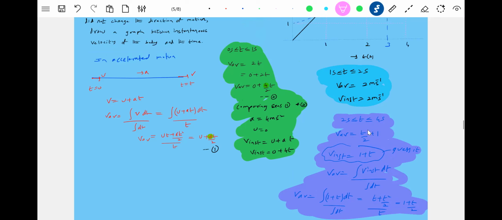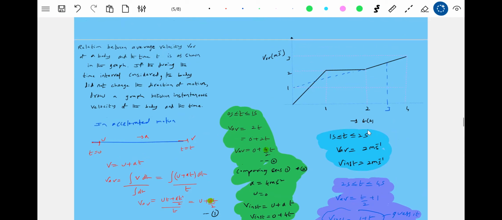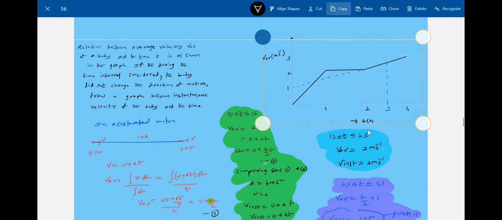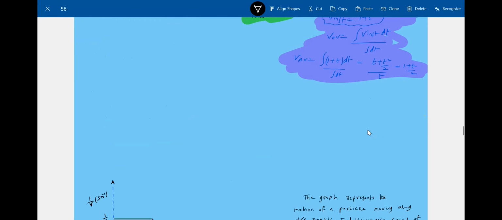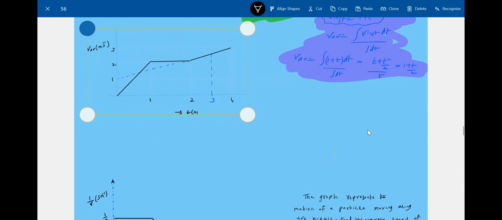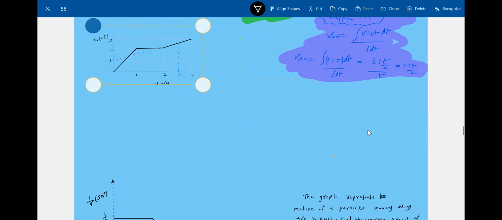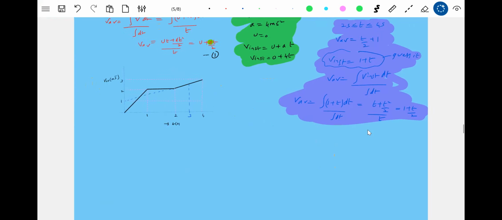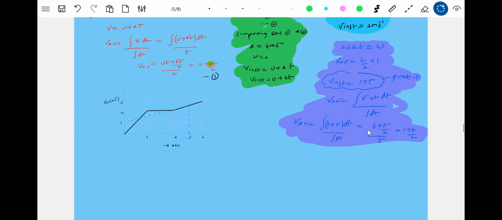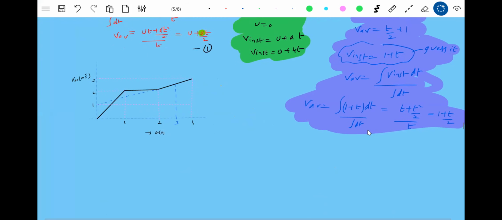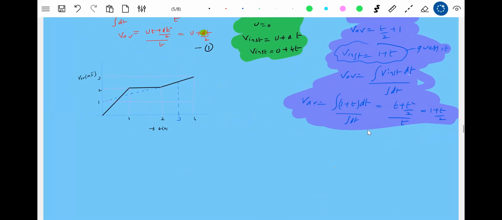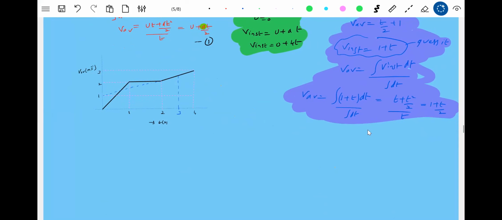Let me bring that graph. We have to plot the equivalent graph looking at those equations.